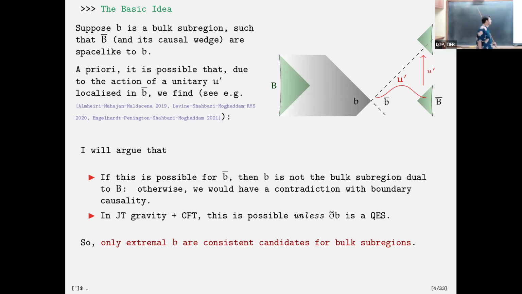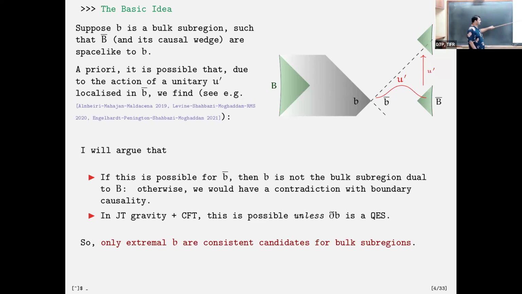So the main argument is that, first of all, if it is possible for such a unitary to exist, then little b cannot be the bulk subregion dual of capital B. Otherwise you would have a contradiction with boundary causality, which states that capital B and capital B bar commute, being spacelike subregions.